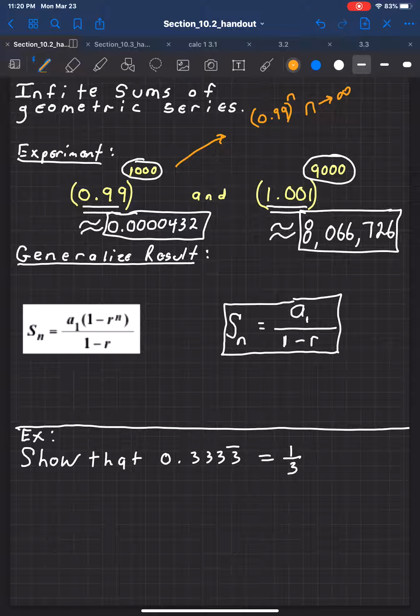Instead of picking 1,000, try 0.99 to the power of 2,000 or 3,000, 10,000. What you will find is this number, the result, keeps getting smaller. So will you agree with me with this statement that as n approaches infinity, 0.99 to the power of n is going to approach 0?